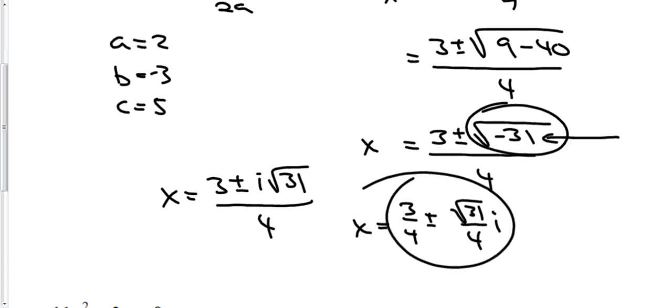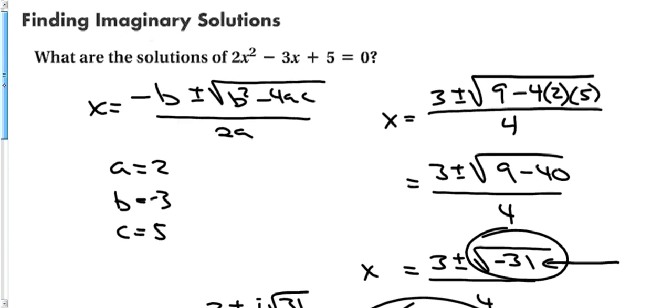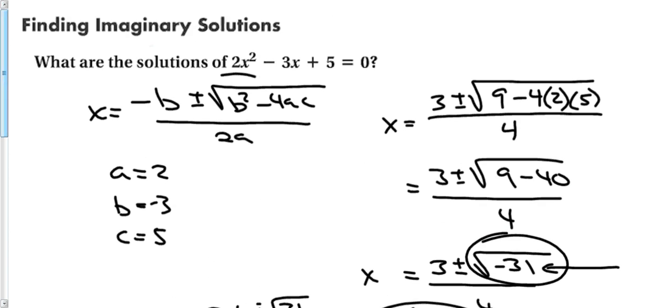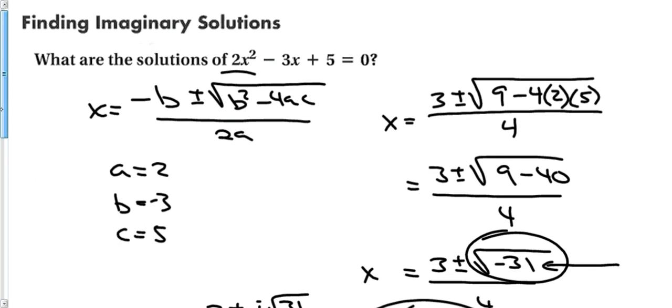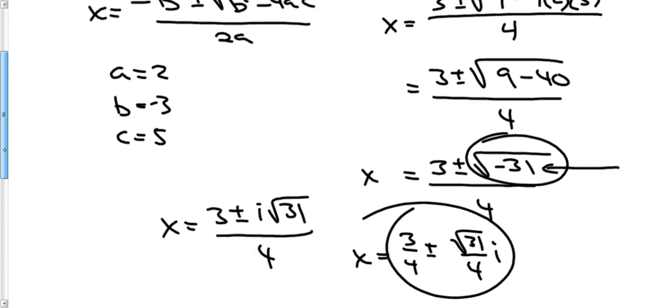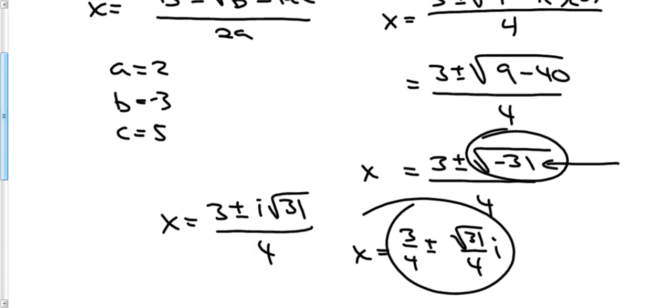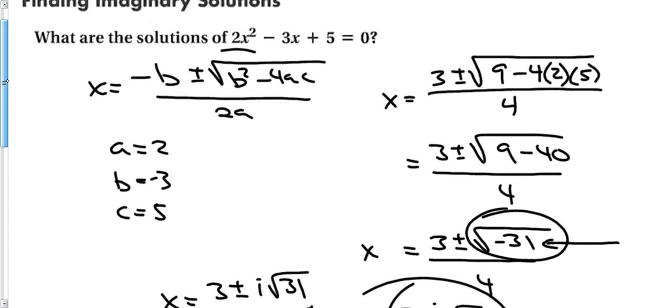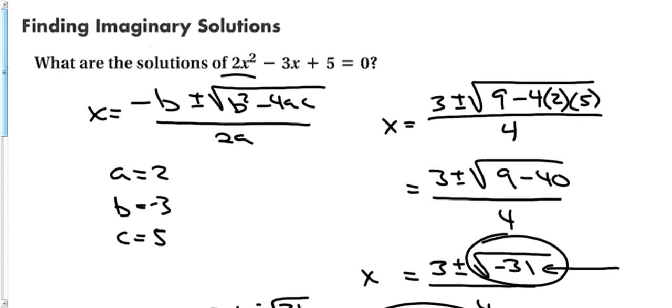They happen to be imaginary numbers, which also means that this graph does not cross the x-axis at all. It opens up because of the 2, and I could figure out the vertex if I really wanted to using negative b over 2a. But the important point that we're getting here is these are the two solutions to this quadratic, even though it never crosses the x-axis. Okay? And that is for complex numbers.